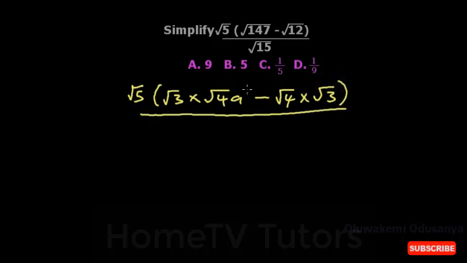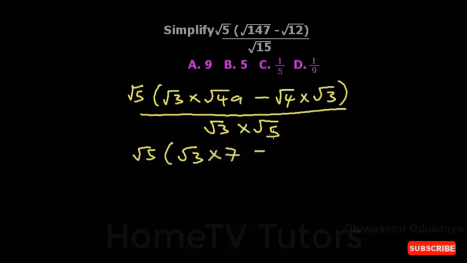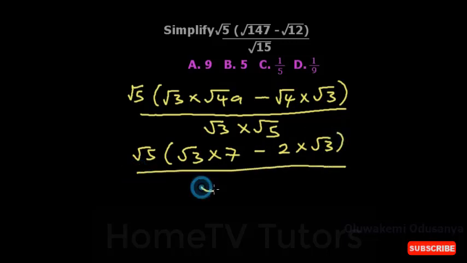Then to be divided by the denominator square root 15, which can also be split into square root 3 times square root 5. Alright, square root 5 bracket, square root 3 times the square root of 49 is 7, minus the square root of 4, which is 2, times square root 3. Alright, to be divided by square root 3 times square root 5.